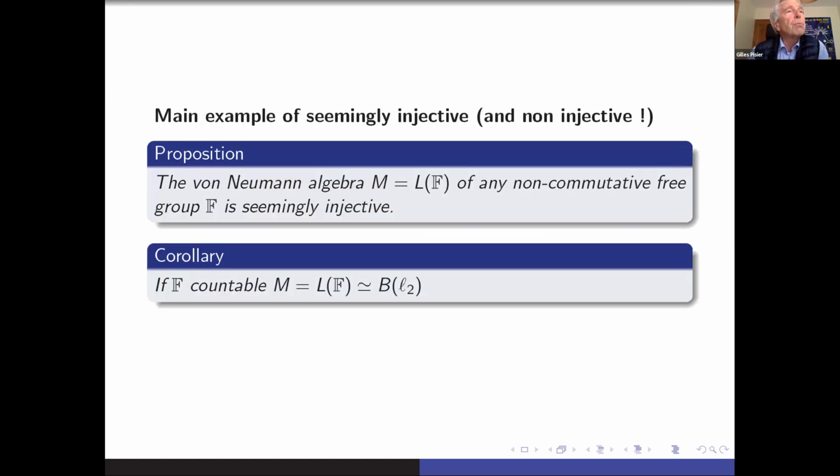So the point of this, which is a little bit surprising, is that precisely this applies to the von Neumann algebra which was the bad guy for injectivity. The von Neumann algebra of any free group of rank more than one is seemingly injective, and therefore the von Neumann algebra that we get is isomorphic as a Banach space to B of L2. So this is a different story from the injectivity, definitely.